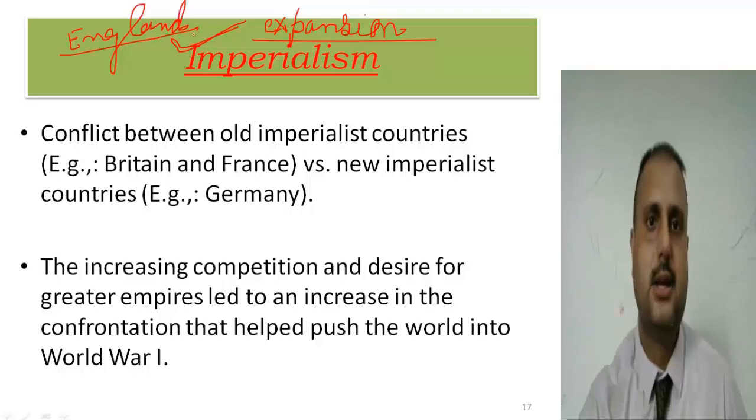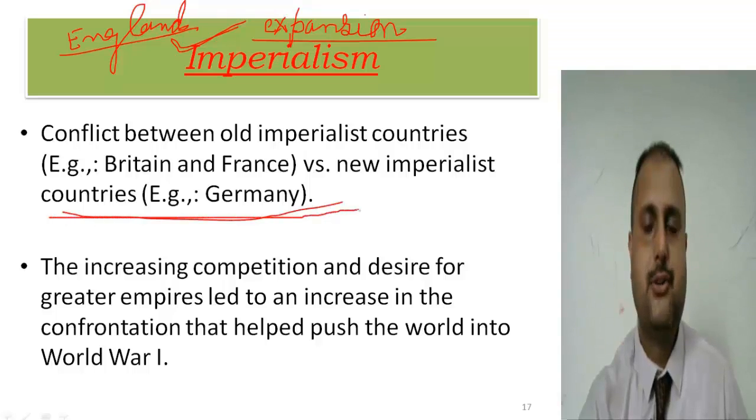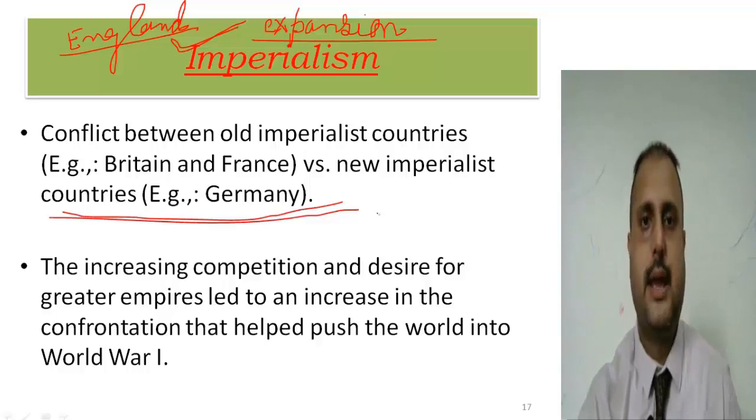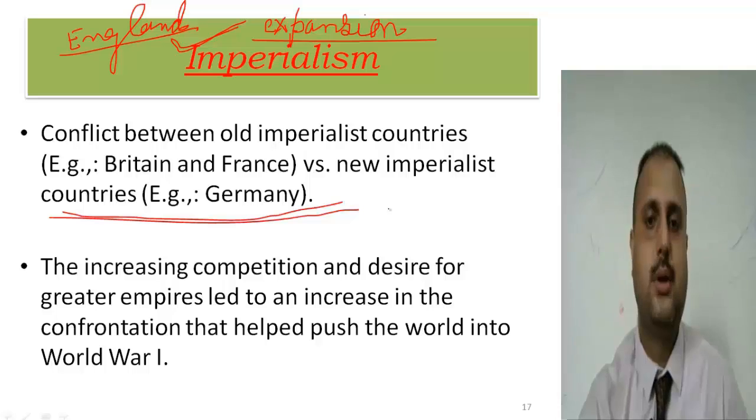On the other side, Germany became the new imperialist power, which was also very interested in expanding its area over Africa. So the expansion of territory and the increasing competition between Britain, France and Germany also led to the First World War. So Britain and France joined together against Germany in order to control the expansionist design of Germany.